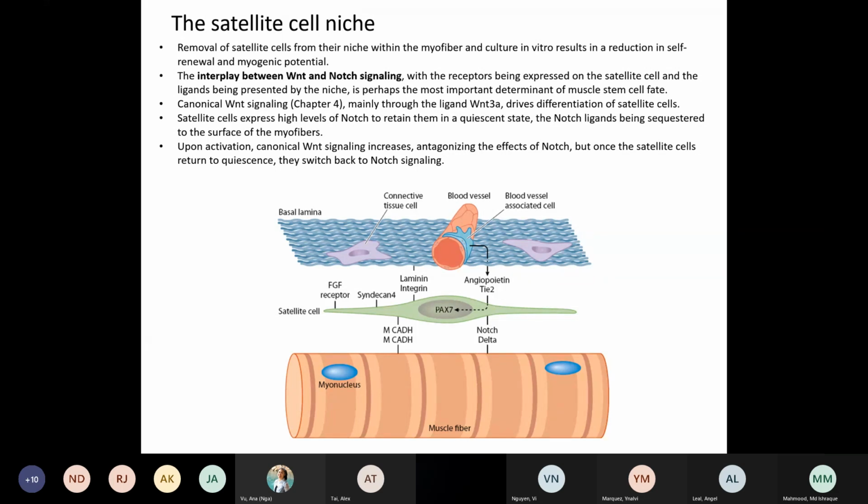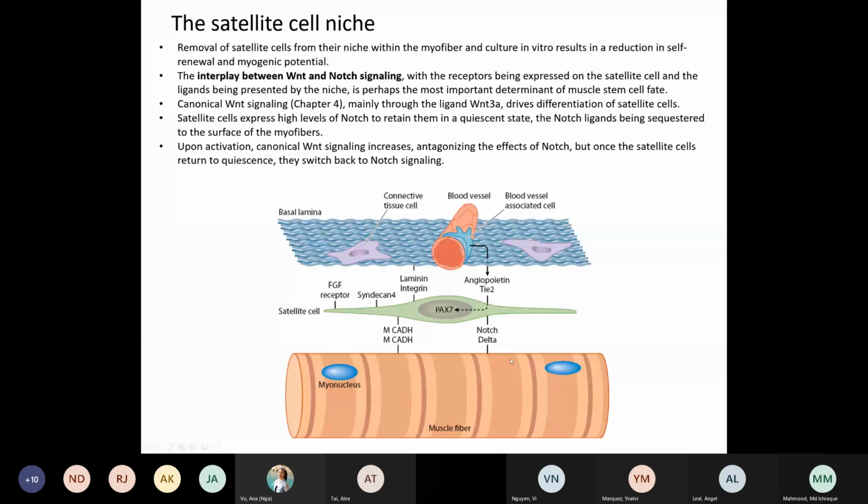To make it extremely simple, in the niche you have the basal lamina, the support that provides the support, and also the other cells such as the blood vessel associated cells will provide angiopoietin and Tie2 to the PAX7 positive satellite cells, and the satellite cells will be anchored to the basal lamina through laminin and integrin. So that's just some structural connection.